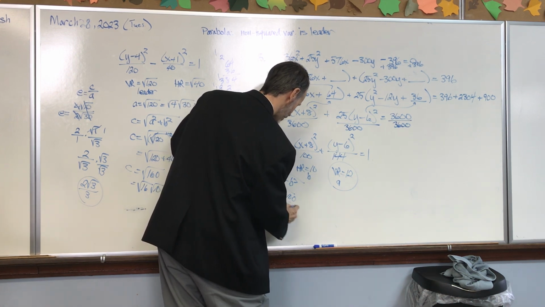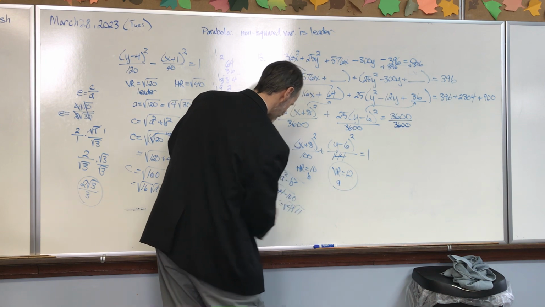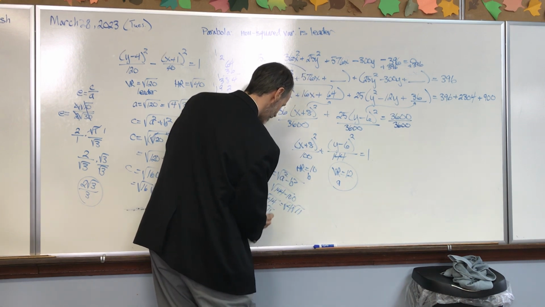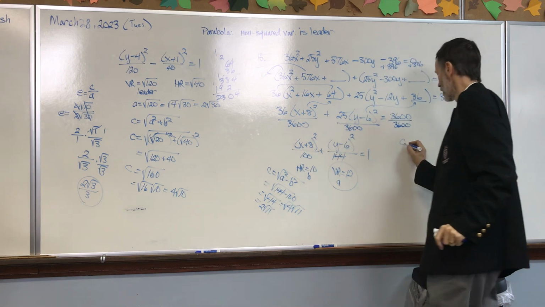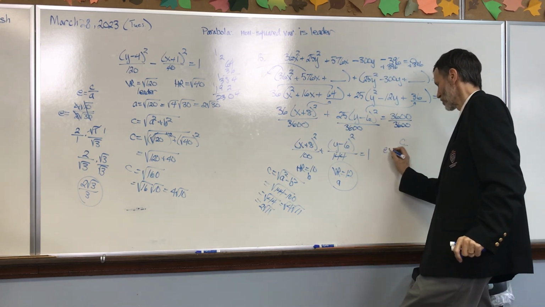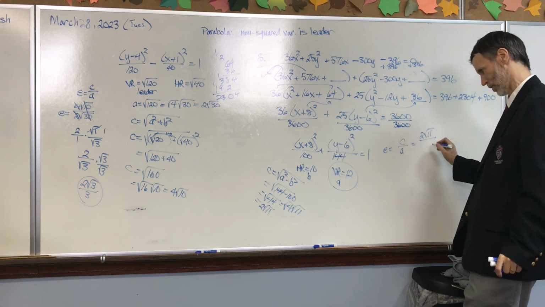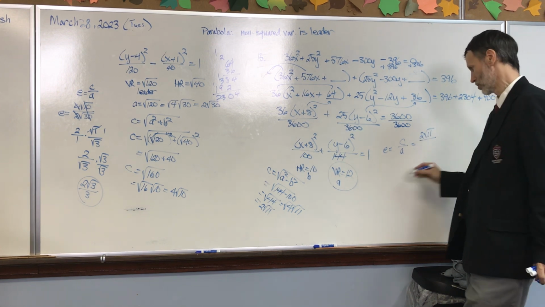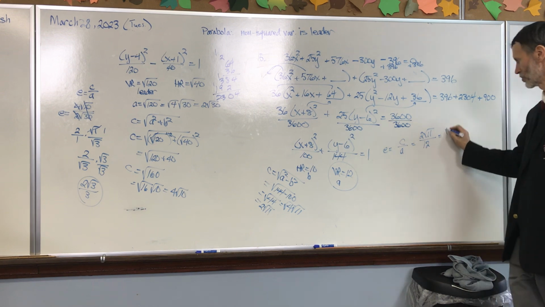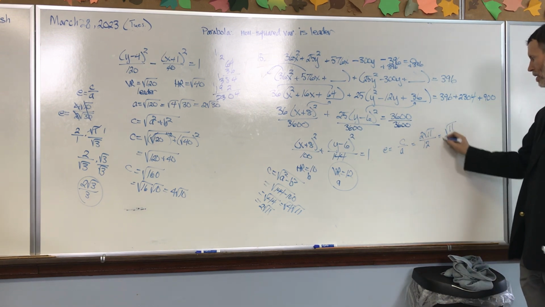And you can split a 4 off there, times 11. So it's going to be 2 radical 11. So C over A, which is the eccentricity, is going to be 2 radical 11 over 12, which boils down to radical 11 over 6.